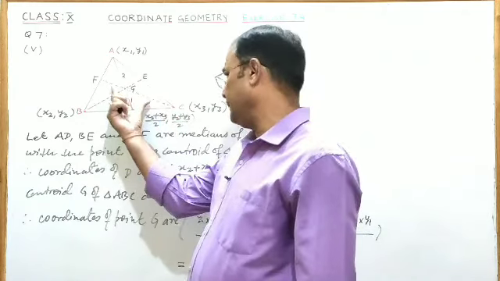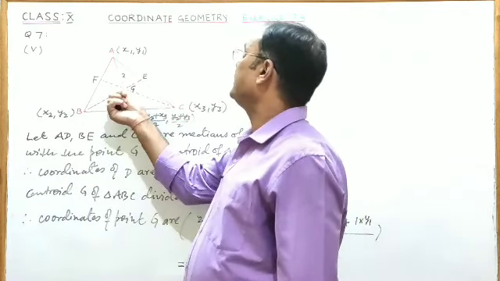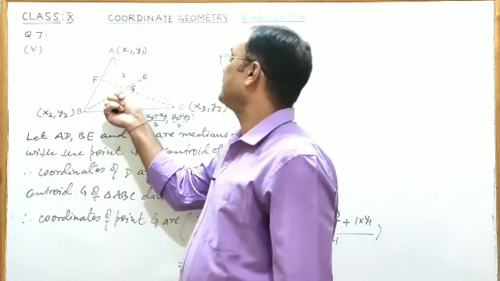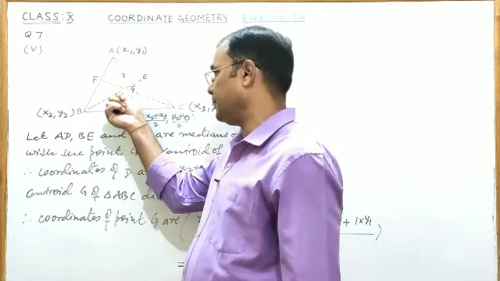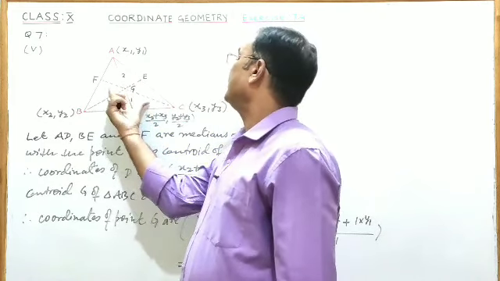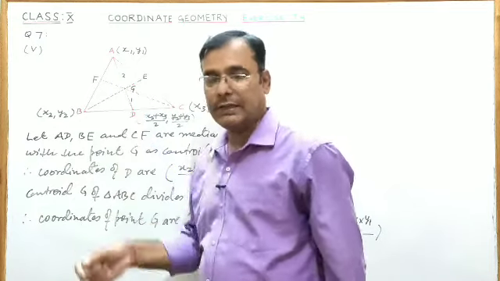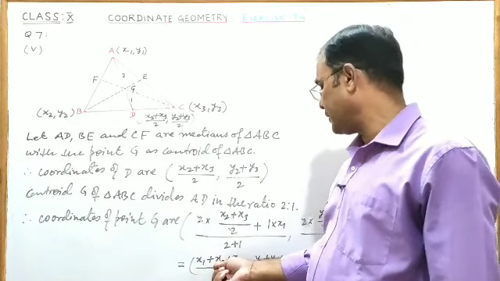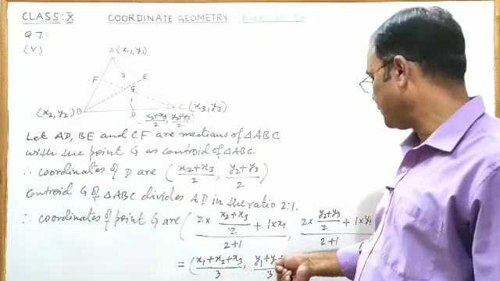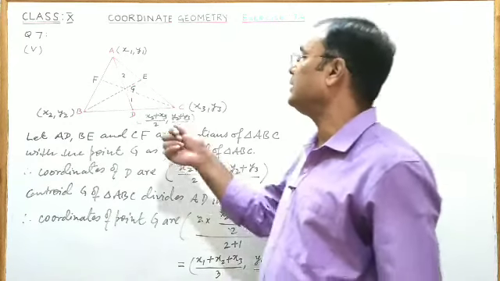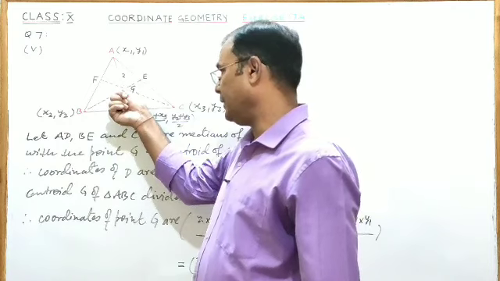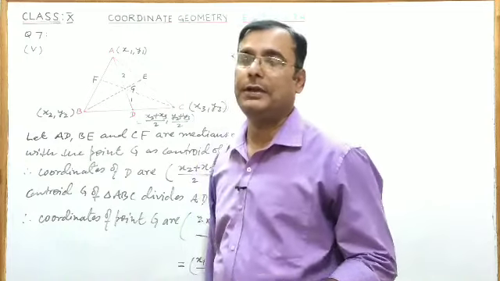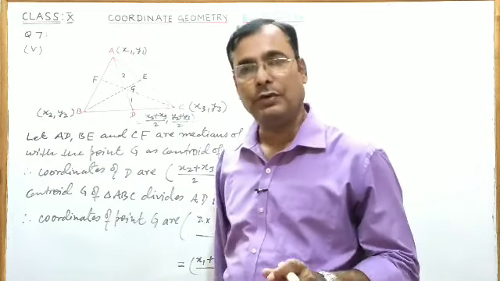Considering this third median CF, this point G divides it in the ratio 2:1. So using the section formula, if you find the coordinates of this point G for this third median CF, dividing it in the ratio 2:1, then also you will get the same coordinates (x1 plus x2 plus x3) by 3, (y1 plus y2 plus y3) by 3, because the centroid is the point of intersection of three medians, dividing the three medians in the ratio of 2:1.